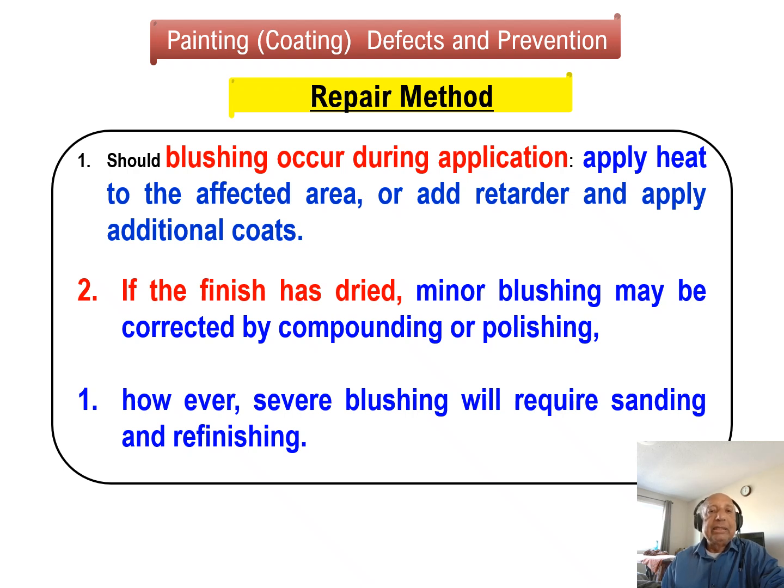In the second case, if the finish has dried and there is minor blushing, it can be corrected by compounding or polishing. However, if there is severe blushing, it will require sanding and refinishing.